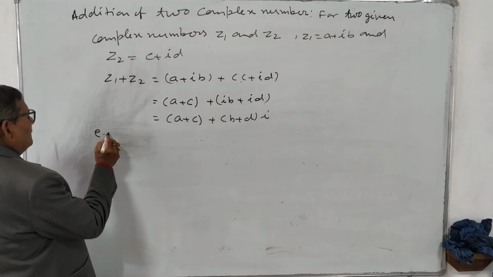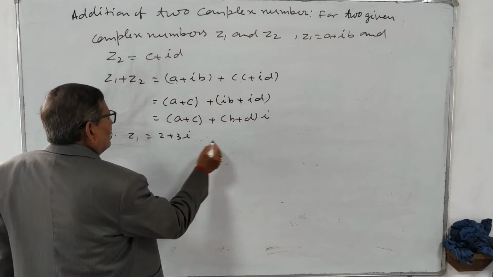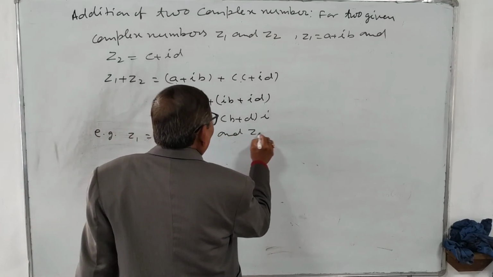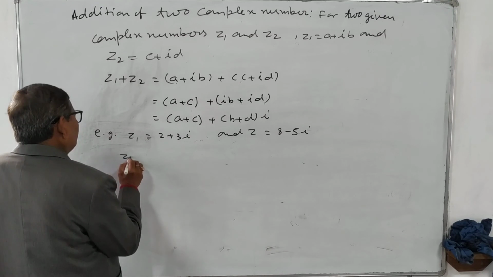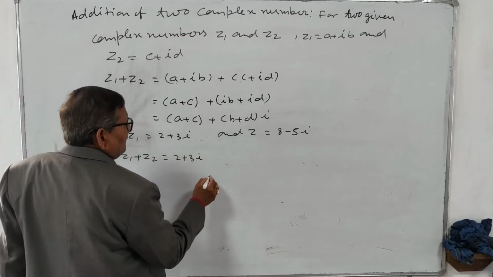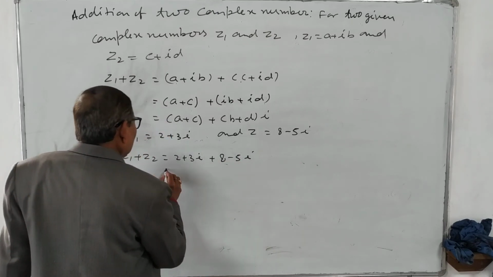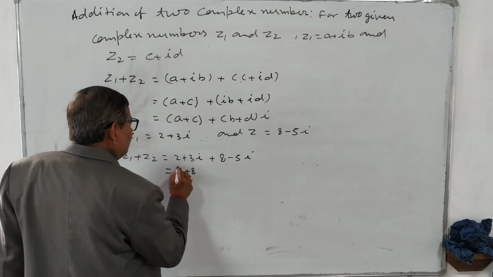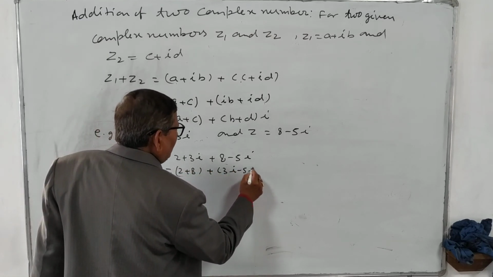For example, z1 equal to 2 plus 3i and z2 is equal to 8 minus 5i. Your z1 plus z2 is 2 plus 3i plus 8 minus 5i. You can write 2 plus 8 and 3i minus 5i.